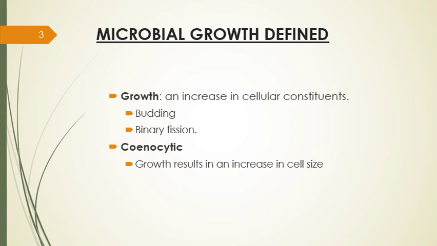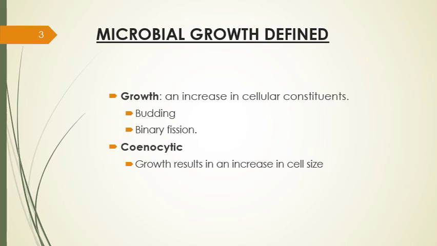Growth may be defined as an increase in cellular constituents. It leads to a rise in cell number when microorganisms reproduce by processes like budding or binary fission. Growth also results when cells simply become longer or larger.